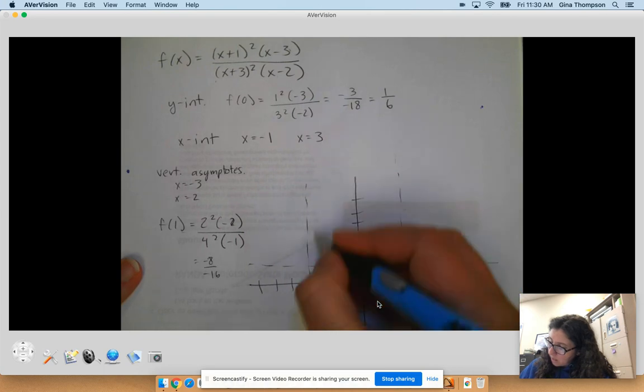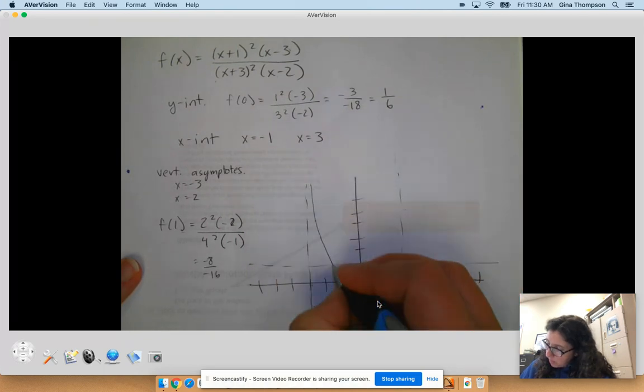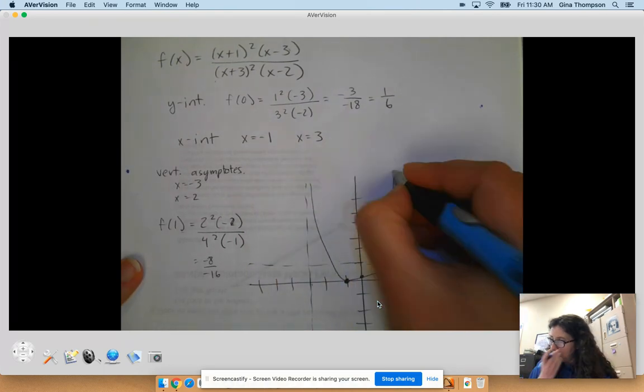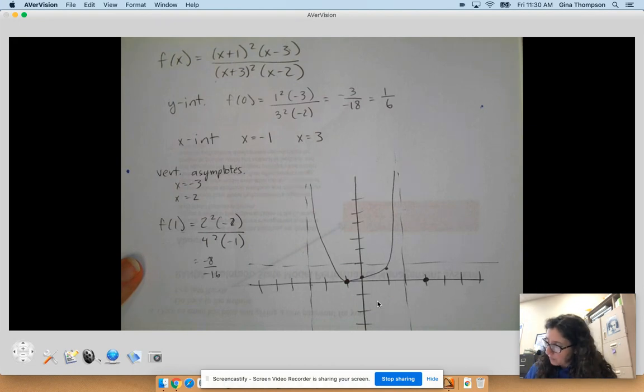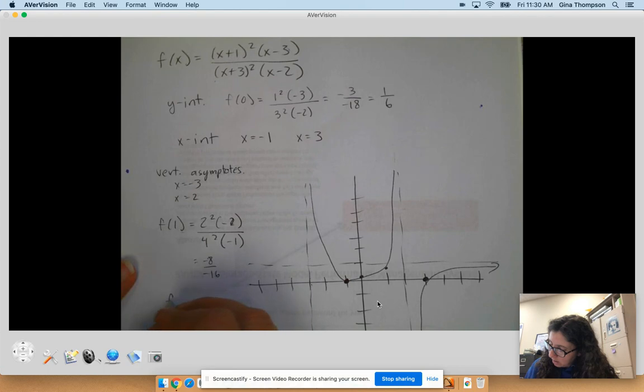So we could plug in some other points, right? But the main idea is it's going to look like that. And over here, we already have this function here, so we know it's going to look like that. And how about over here, if we plug in negative 3, so let's see, negative 3 plus 1 would be negative 2 squared, negative 6 over, oh wait, not negative 3.